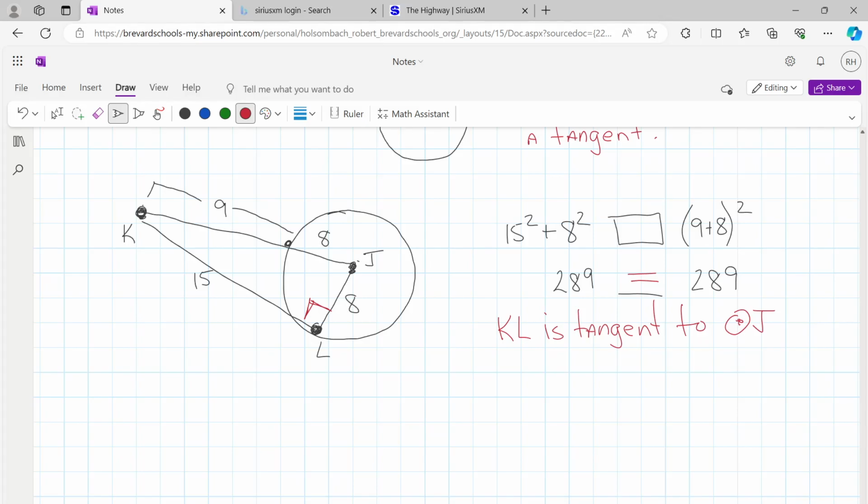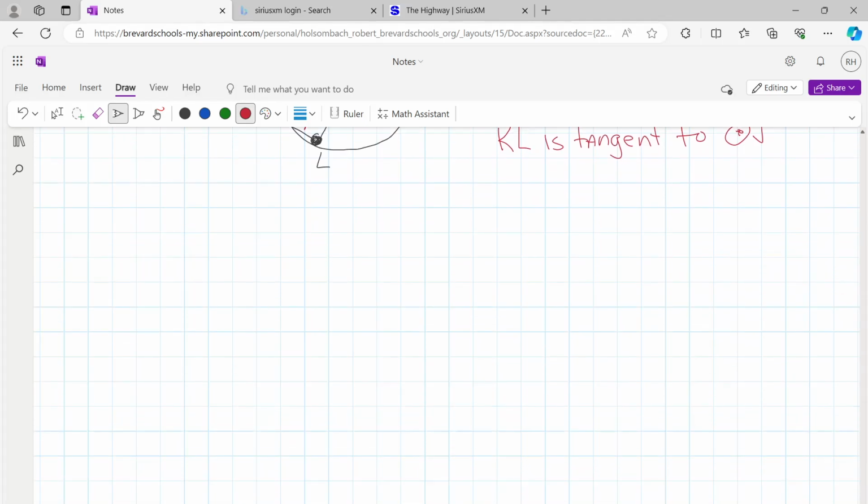So let's take a look at the circle right below that. And now we've got this picture going on. We've got G to F. Got point H up here at the top.